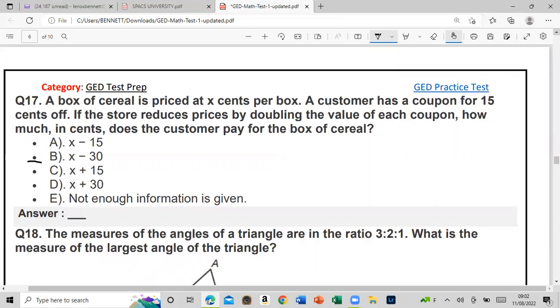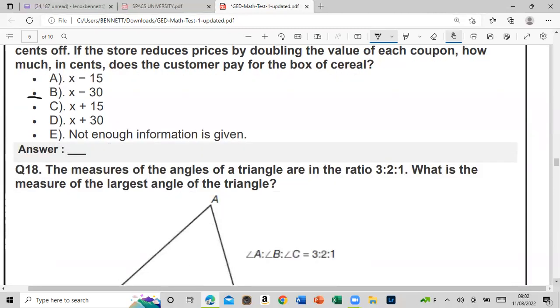Because you have 15 already and you double it. Wouldn't it be 30 and a total of 60? I'm trying to get the reason behind all of it. Here's the best answer though, B. Alright, so let's move on to 18.